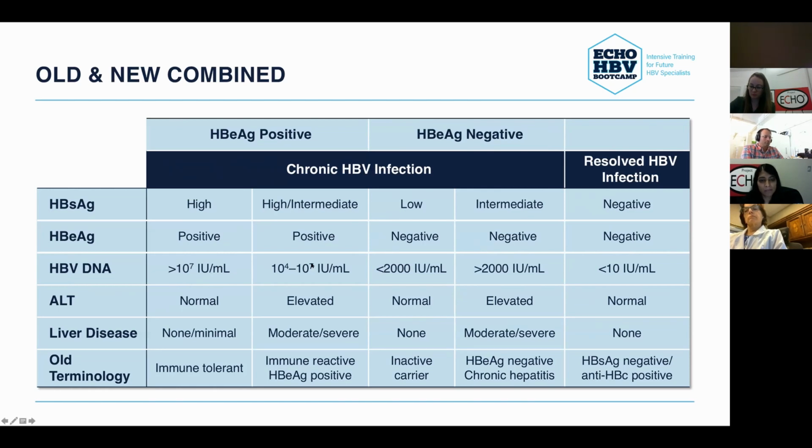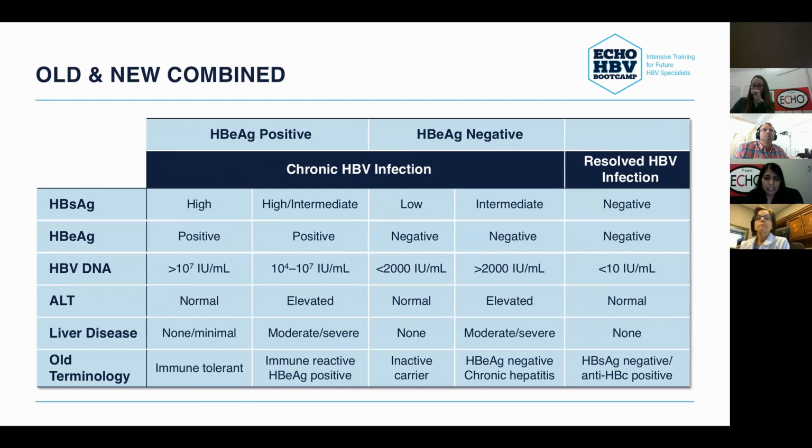So a very high viral load, we typically think of on the order of 10 to the 7th IUs per ml. And then over time, again, in that early phase, you usually have a normal ALT. The old terminology was immune tolerant. The degree of liver disease is very minimal to none with respect to fibrosis typically. Over time, you'll still have that E antigen. You might be transitioning to losing that E antigen, but your viral level will typically come down to a lower range.